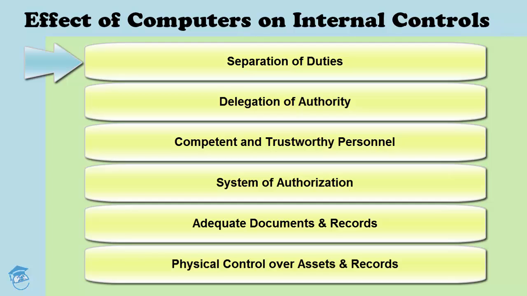If I talk about the positive side, the same computer is recording the invoice and settling the accounts on a simultaneous basis, that's good. But in this particular case you won't get to know whether Ram was entrusted with the responsibility of initiation of the transaction or not, or whether Mohan safeguarded the assets or not. So separation of duties is something which is missing when I talk about the computers and their effect on internal controls.